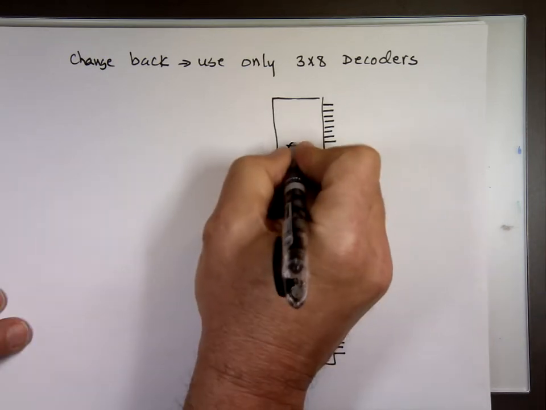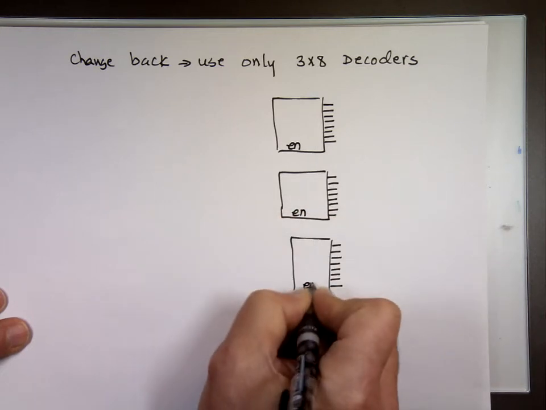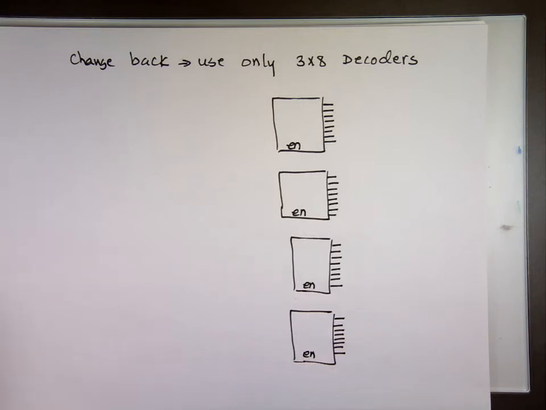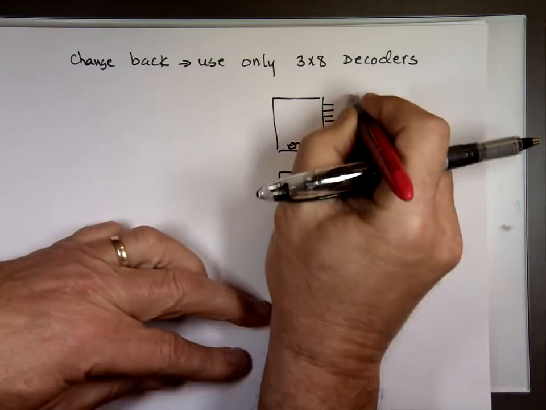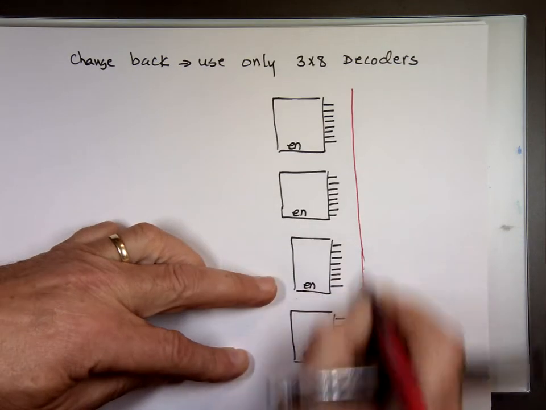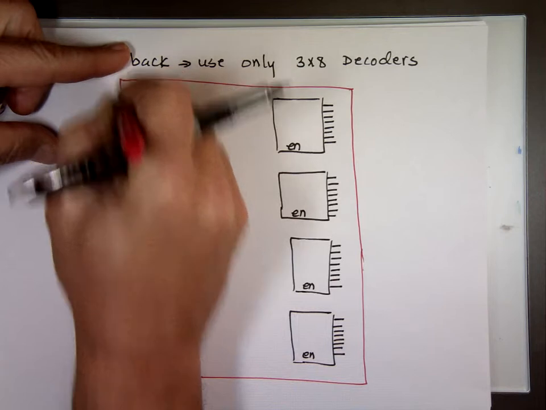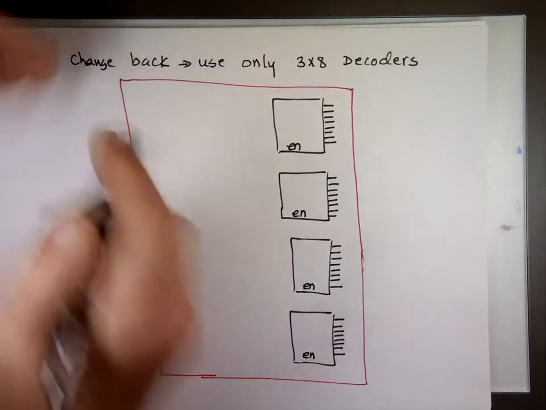Enable. I've got to make sure they are on the right time. Ideally, what I want to have is a 4 or a 5x32. That's what I want to have. 5x32. 5 inputs and 32 outputs.